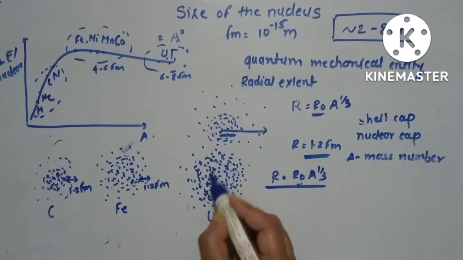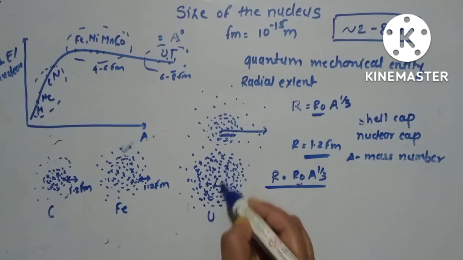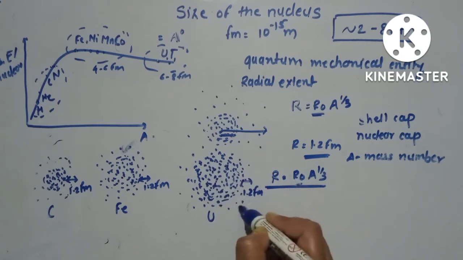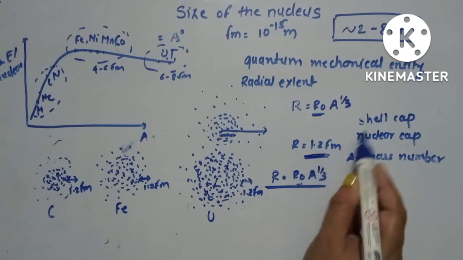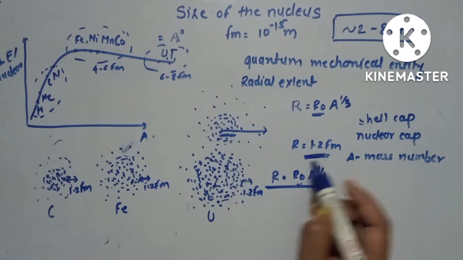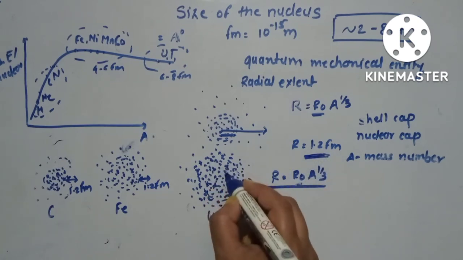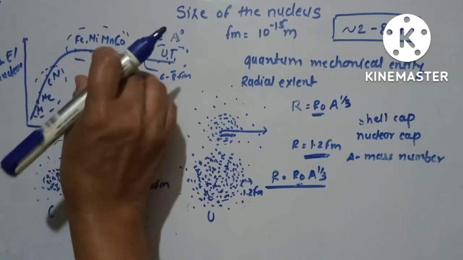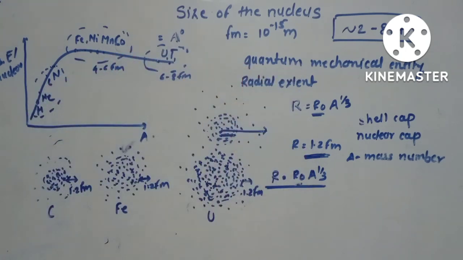For uranium, the inner core uniform charge distribution is greater, but the shell cap still remains 1.2 femtometers. This quantity is fixed, and is called the shell cap or the nuclear cap. The uniform charge distribution goes on increasing from the lightweight nuclei to the medium weight nuclei to the heavyweight nuclei.